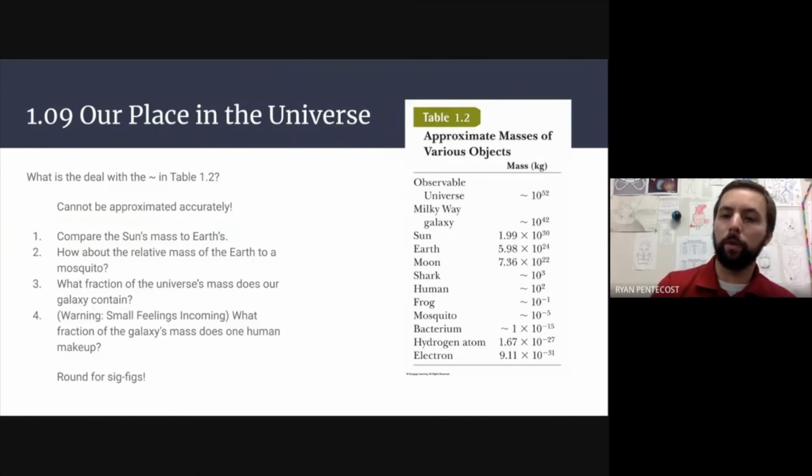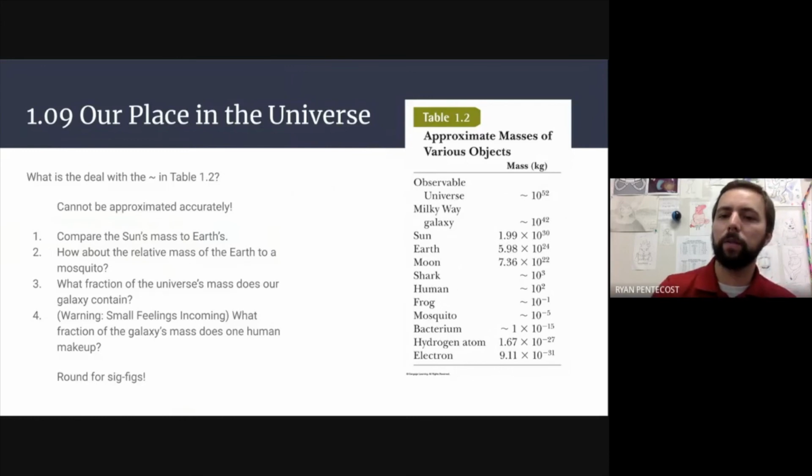Now, the observable universe, that's a little bit harder to approximate just because that's a lot of things to take into account. But the observable universe, we say, would be approximately 10 to the 52nd kilograms, which means you would have 1 and 52 zeros, in kilograms. Now, the Milky Way galaxy is 10 to the 42nd kilograms.